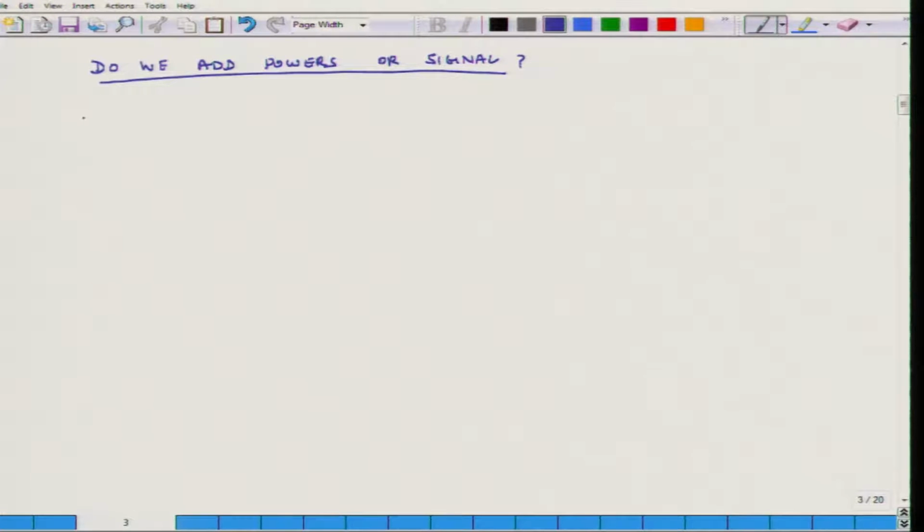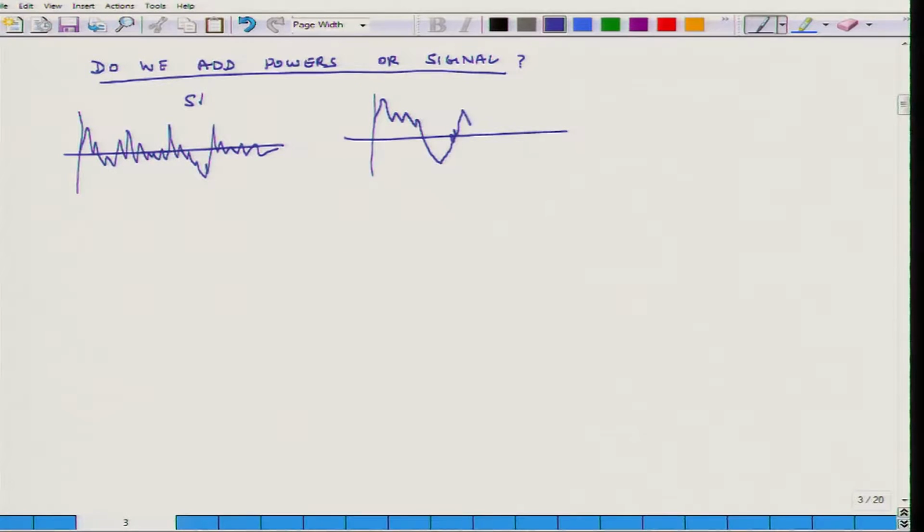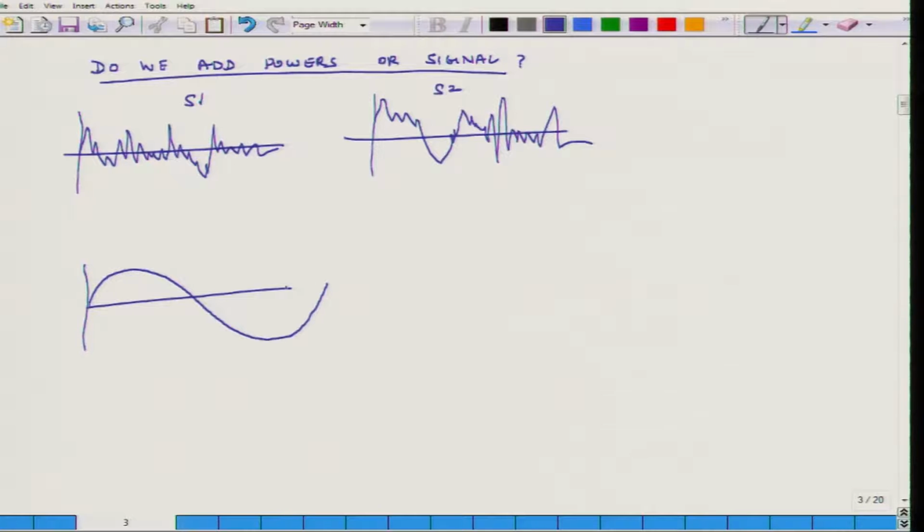So, let us look at two scenarios. Let us say that the nature of sound for source 1 is this, and the nature of sound for source 2 is something like this. In the other scenario, the first source is a nice sine wave.